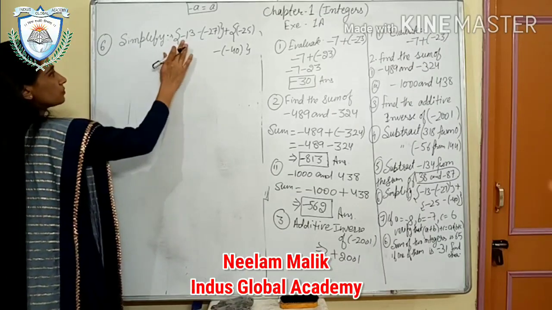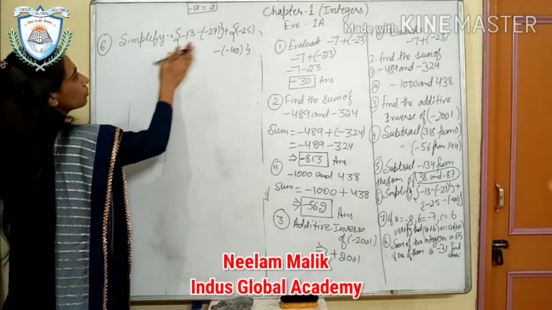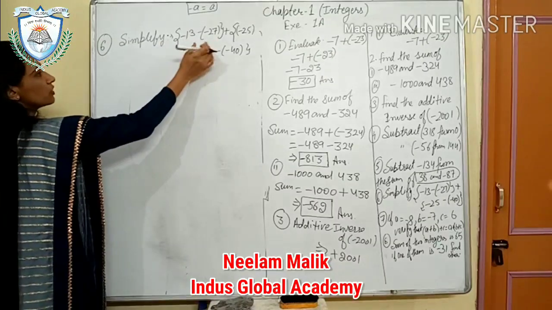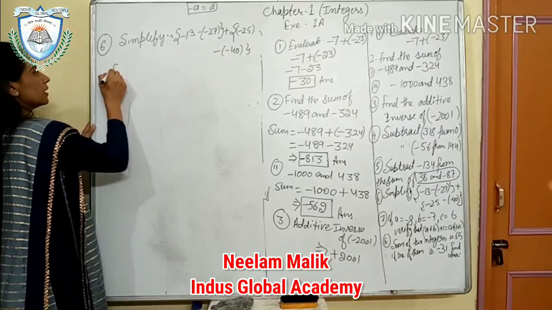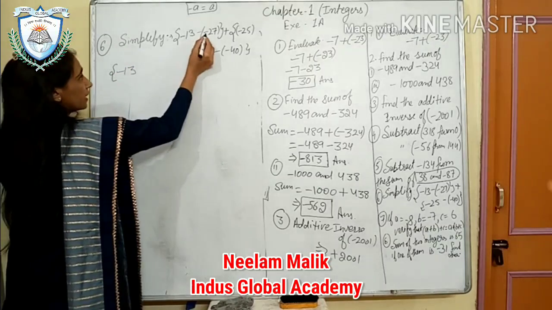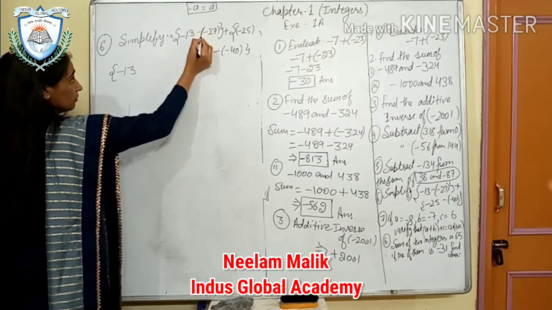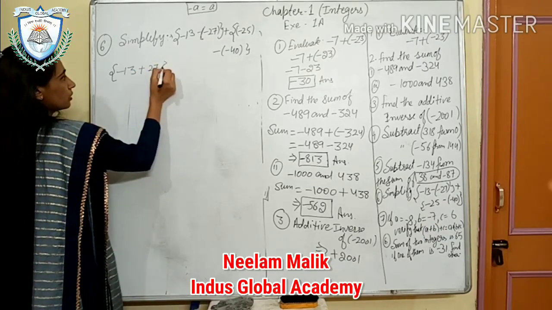I am writing here. We can remove this big bracket, but firstly remove the small brackets. So first write this as it is, minus 30. Here is minus and this is a bracket, so that means multiplication. Minus will be plus 27, close this bracket.